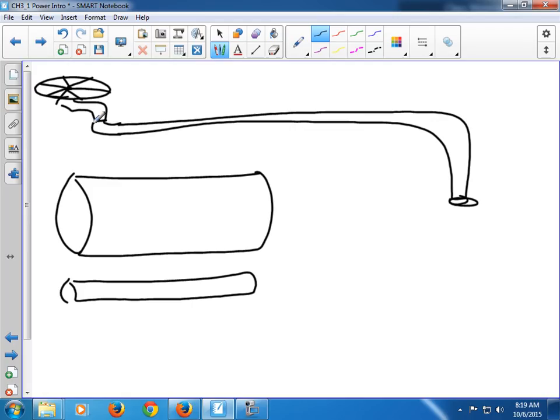The current is the amperage. So when you turn on the water at a sink, you don't have to put it on full blast all the time, right? You turn it a little bit, you turn it a lot. You have a little difference, right? So the current equals amperage. That's how much is flowing through that pipe.